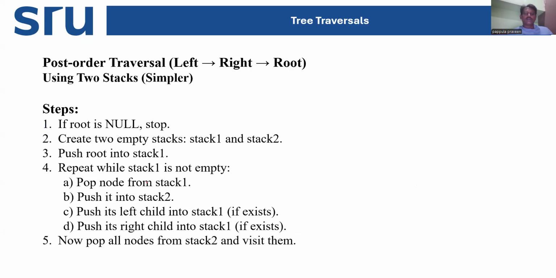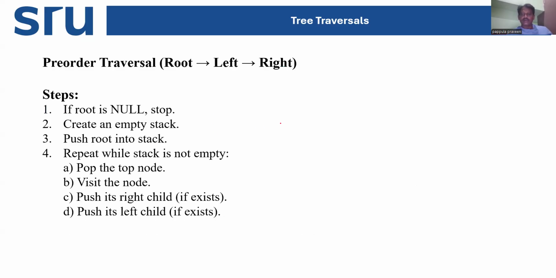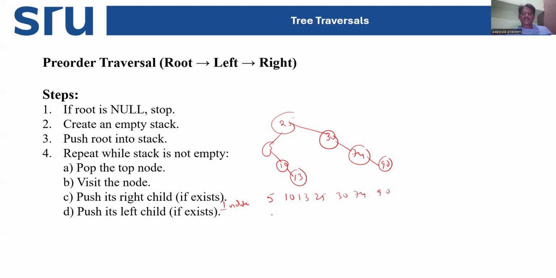Okay, now I want to write here. Already you know all this. I want to write here 25, 5, 10, and 13. Next one is 30, 74, 90. In order: 5, 10, 13, 25, 30, 74, 90.